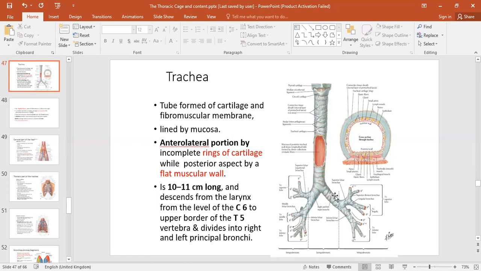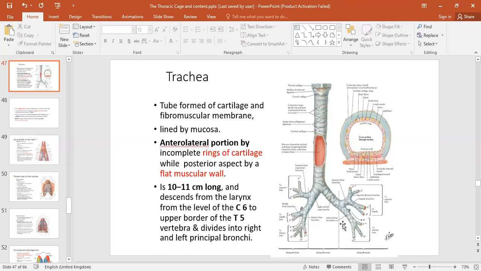So there are 2 features in the right bronchus that are missing in the left one. It is more vertical and wider, whereas the left one is slightly horizontal or oblique, if you like, and smaller because there's a heart here. The heart is in the middle, just behind the sternum, but it is more leaned to the left, and therefore causes this tube to be a bit horizontal to allow room for the heart.